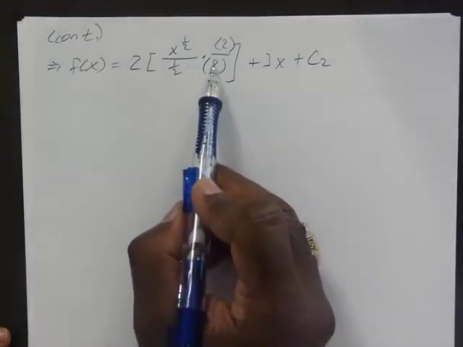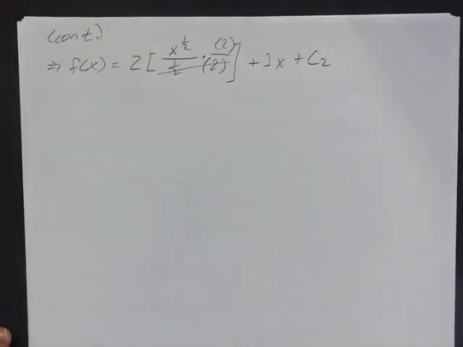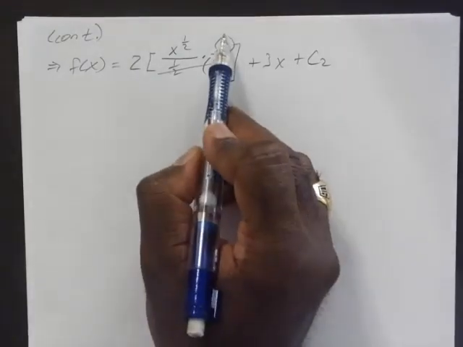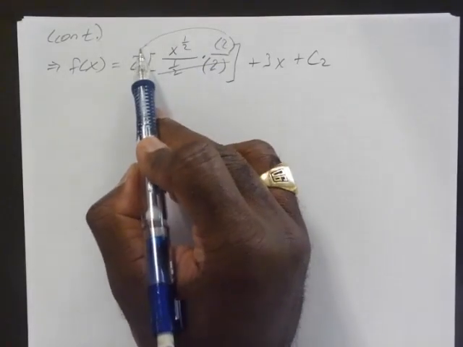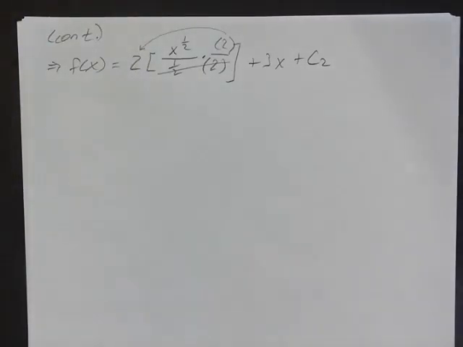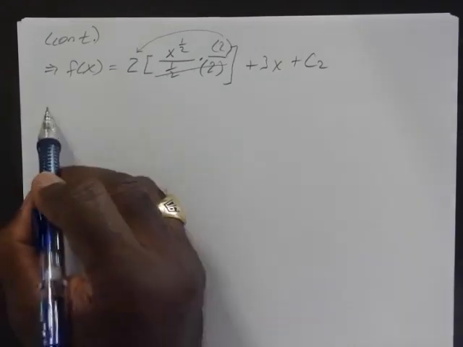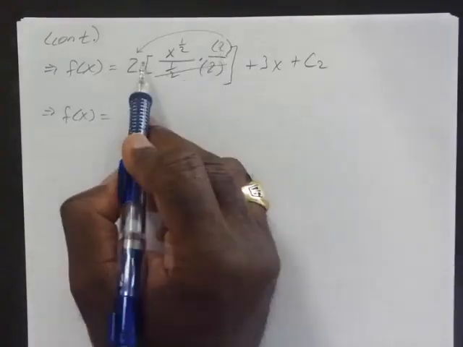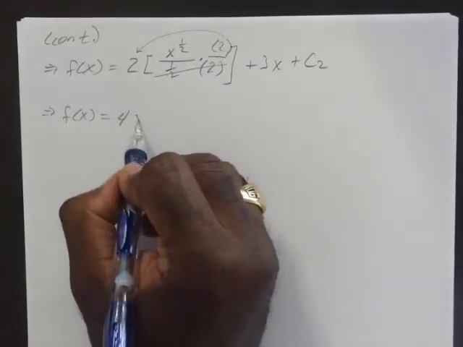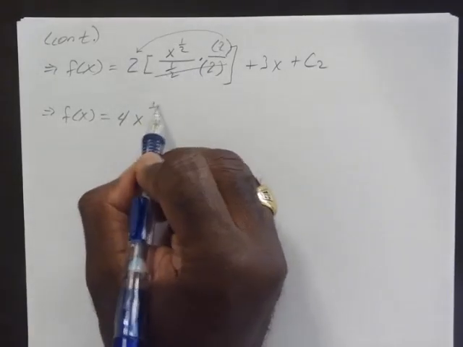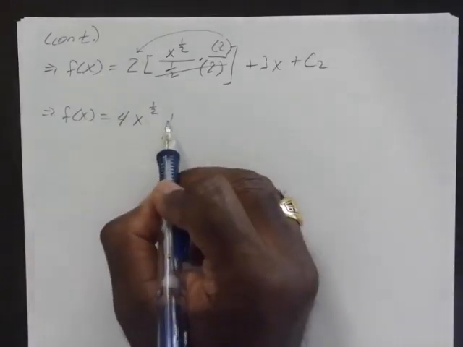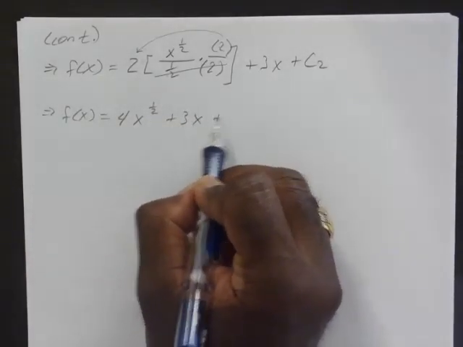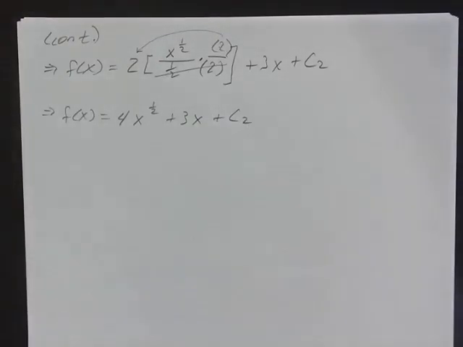So we know 2 times 1/2 is 1, so those two cancel each other out and just become 1. And this 2 right here, we can just move it to the front and multiply it by the 2 that's already there. So we have f of x is equal to 2 times 2, which is 4, times x to the 1/2 power, plus 3x plus C number 2.